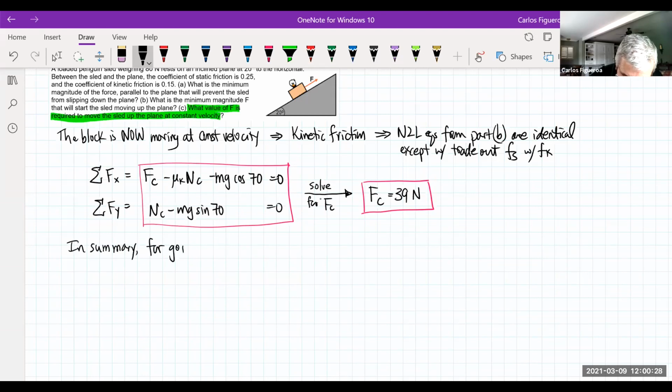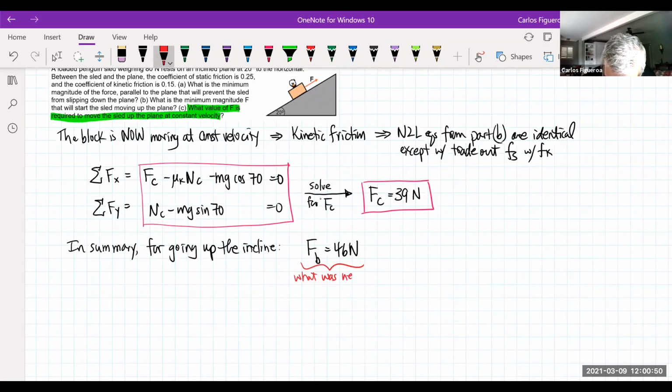for going up the incline, what you're seeing here is this, is that F of B is 46 newtons, and this is what was needed to start acceleration.